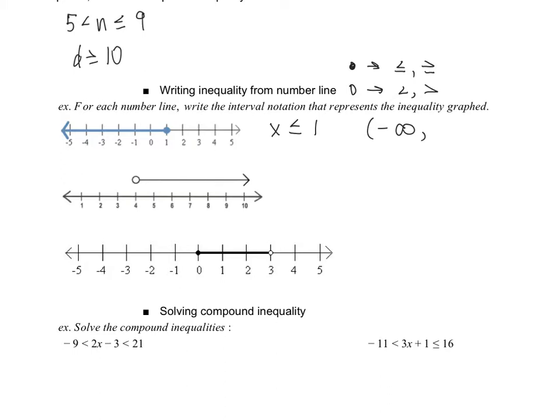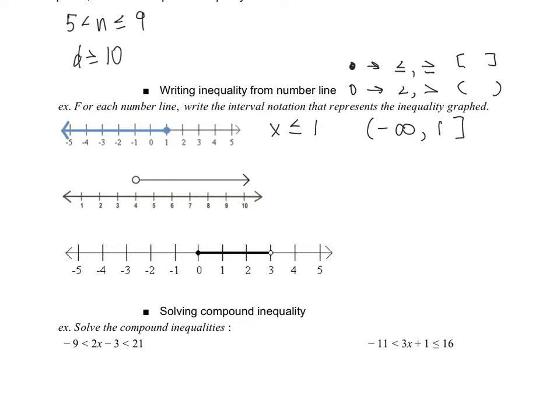And on the right side is where I'm going to put my number 1. And because there's an equal to, that means 1 is included, which means we have to have a bracket. So if I'm going back up here where I'm keeping track of what inequalities use, greater than or equal to or less than or equal to means brackets, and a less than or greater than is going to mean parentheses.